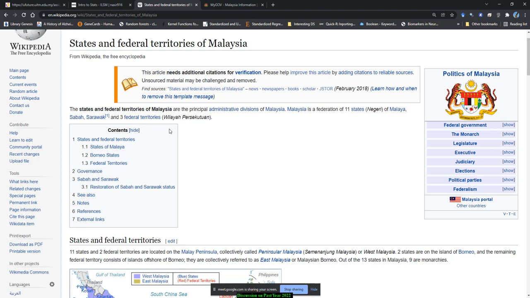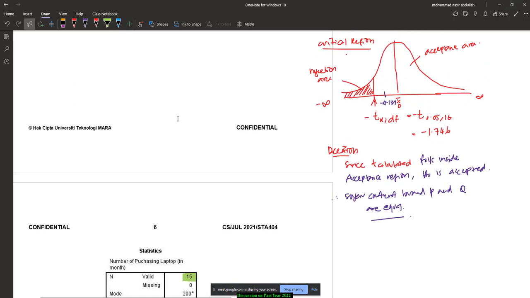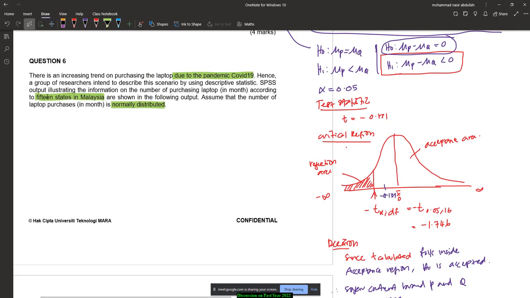So 3 territories, 11 states, so they become 15. I think the question is referring to that point. So I write here 15 states, although in gov.my it says 14, but this one says maybe 11 states.